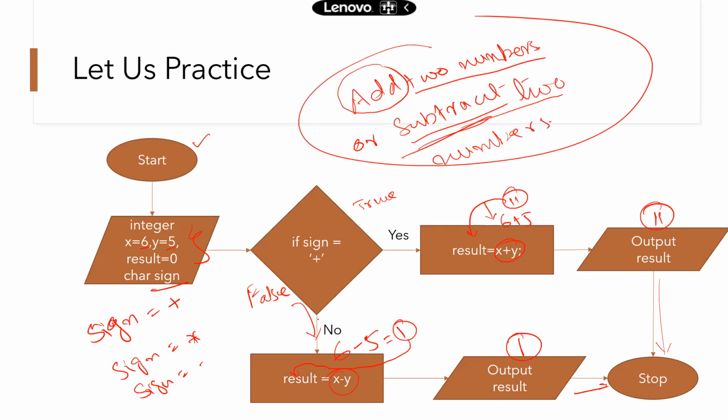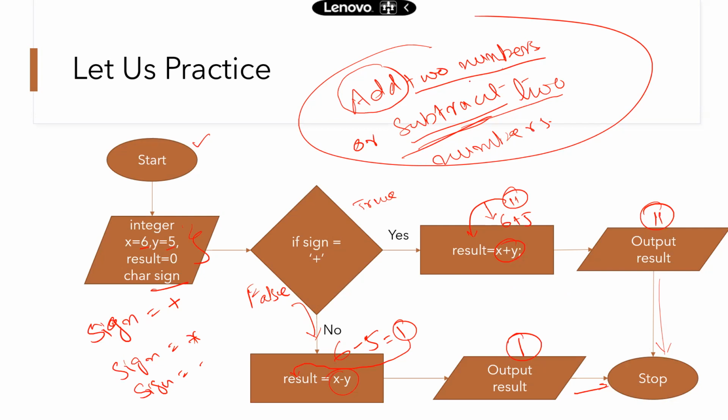But if the condition is false, it is going to go towards a no, subtract, give us 1 as an output, and go towards the stop. So right now we are looking back to our problem, and the problem was to add two numbers.